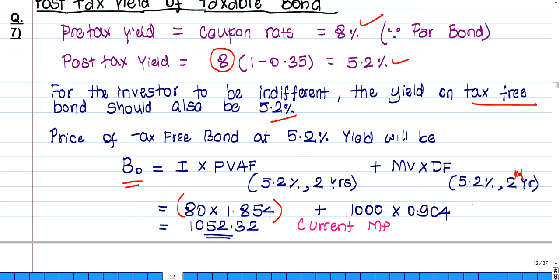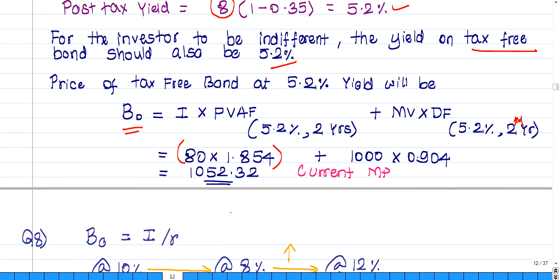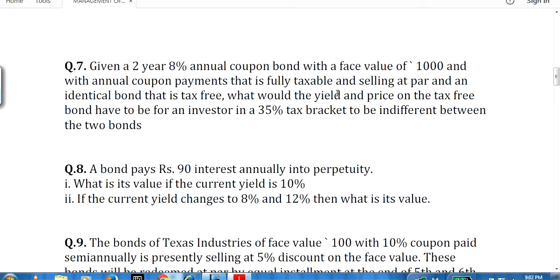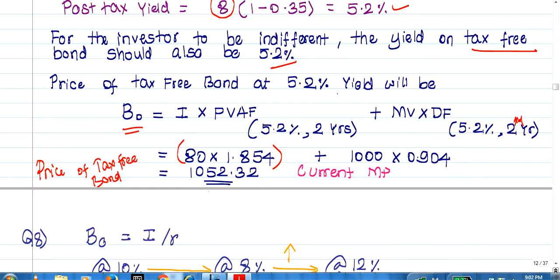Plus 1000 into the second year factor 0.904, you will get a current market price of 1052.32. So this is the price of the tax free bond at which you will be indifferent. If you purchase at that, you will be indifferent. It is similar to tax payment, post-tax.